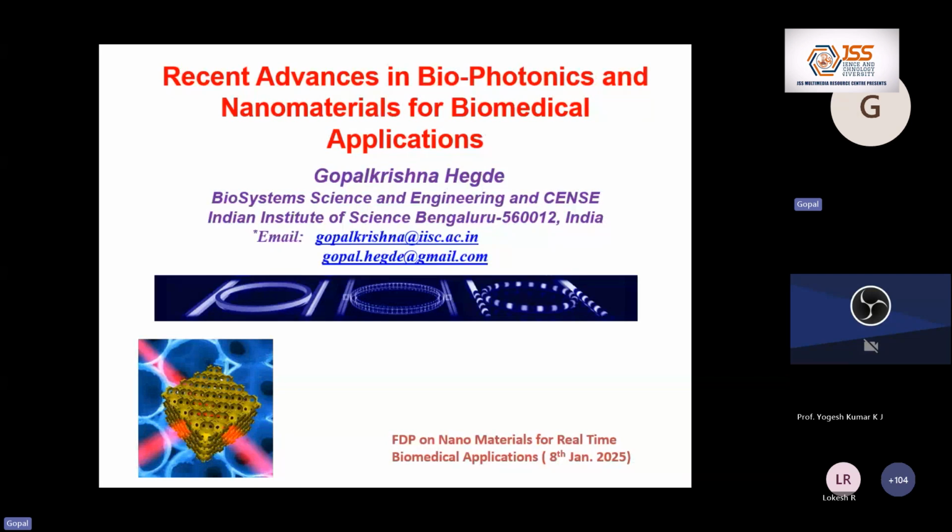One is nanofabrication, another is nanomaterials. Whenever you go with nanomaterials, it is photonics that plays a crucial role in recording anything that comes out of nanomaterials in biomedical applications. With that intention, I put the title as biophotonics and nanomaterials for biomedical applications.